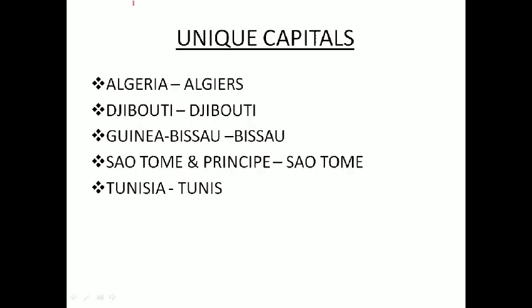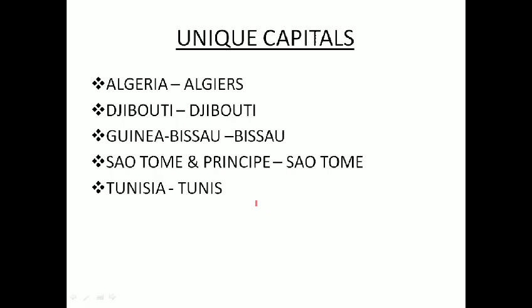Now unique capitals means where the capital city name and the country name are the same or rhyming. Algeria, capital Algiers. Djibouti, capital Djibouti. Guinea-Bissau, capital Bissau. And Sao Tome and Principe, capital is Sao Tome. Tunisia, capital Tunis.